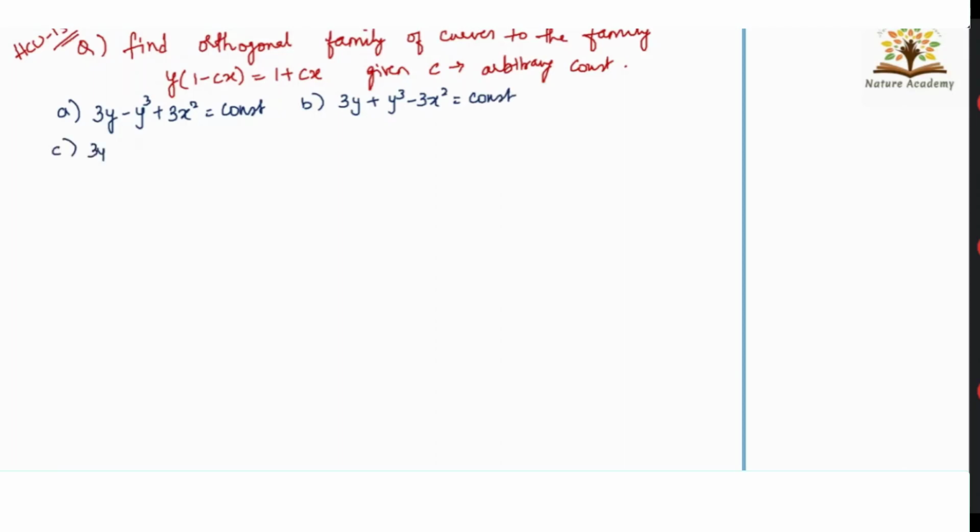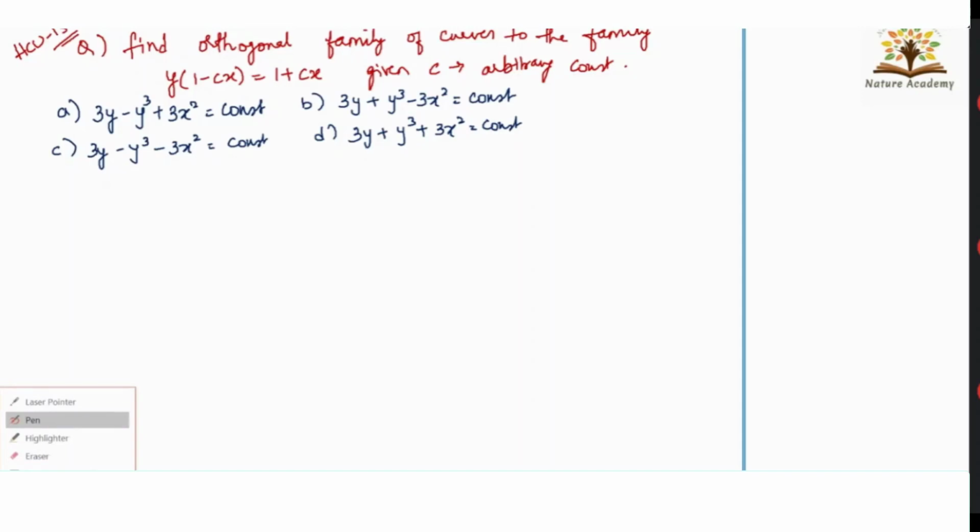Option C is 3y minus y cube minus 3x square is equal to constant. Option D is 3y plus y cube plus 3x square is equal to constant. Okay, these are the options. So whatever the family of curves you are finding, that will have the equation, any one equation from these four options.